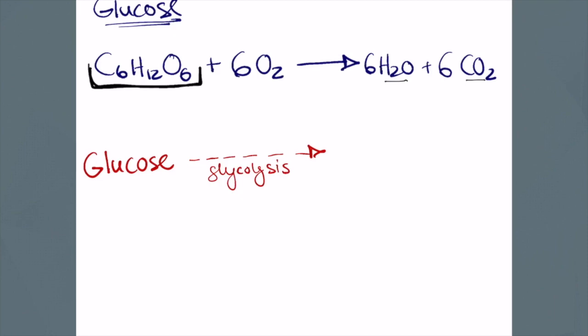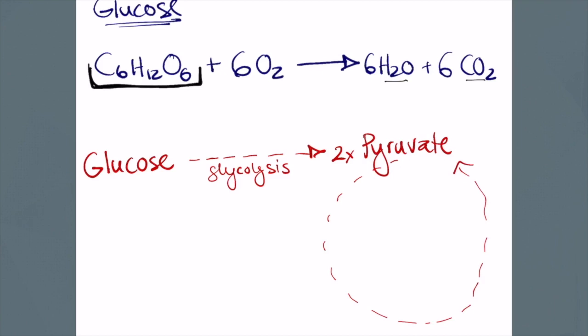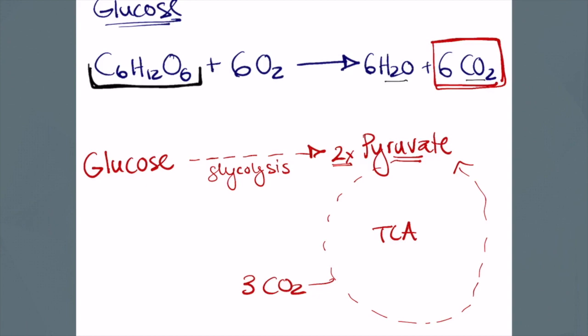We end up with 2, right? We end up with 2 pyruvate. When pyruvate goes all the way through the TCA cycle, we end up making 3 CO2 per pyruvate. We started with 2. So the total production of carbon dioxide, the 6 CO2, we have now accounted for.